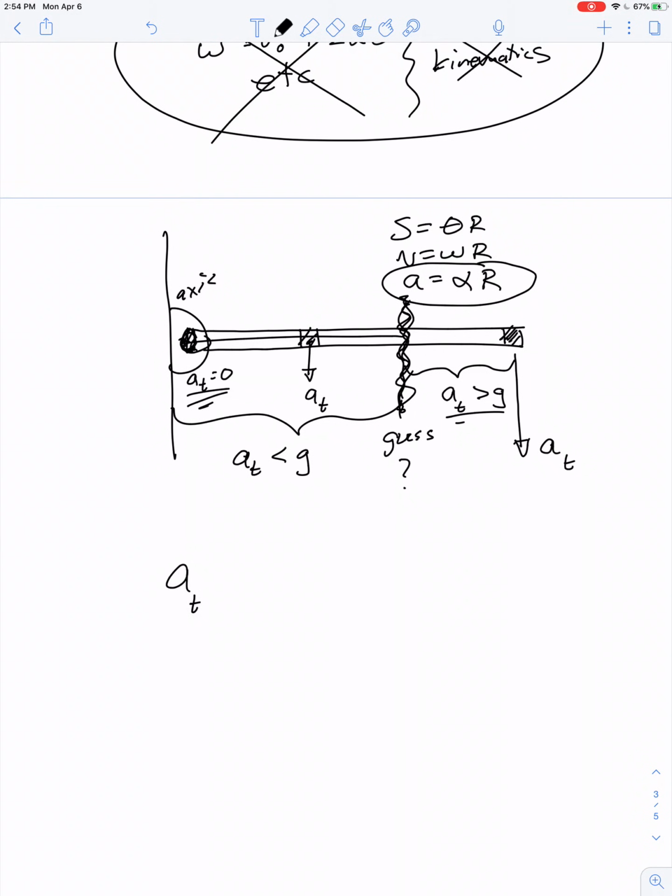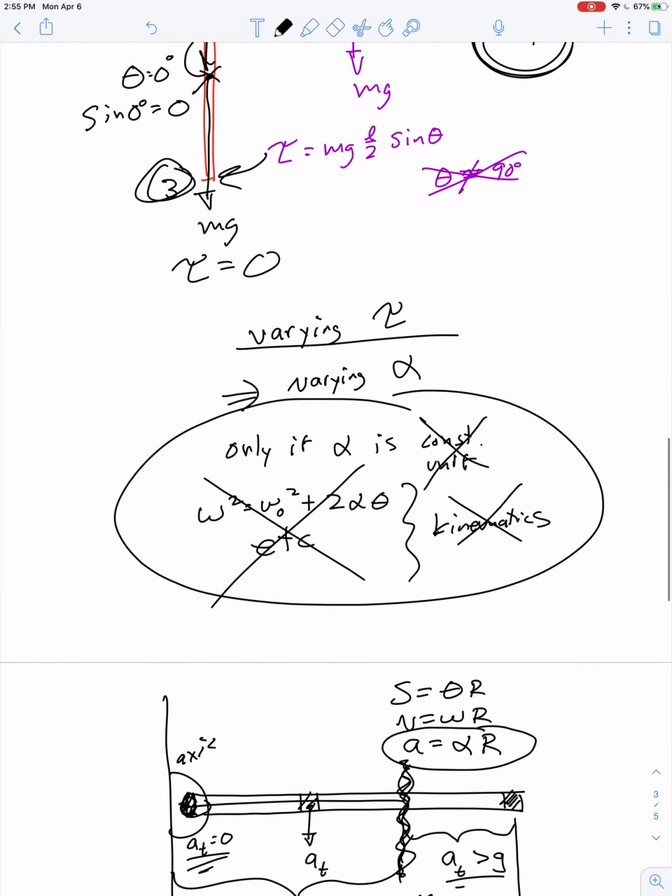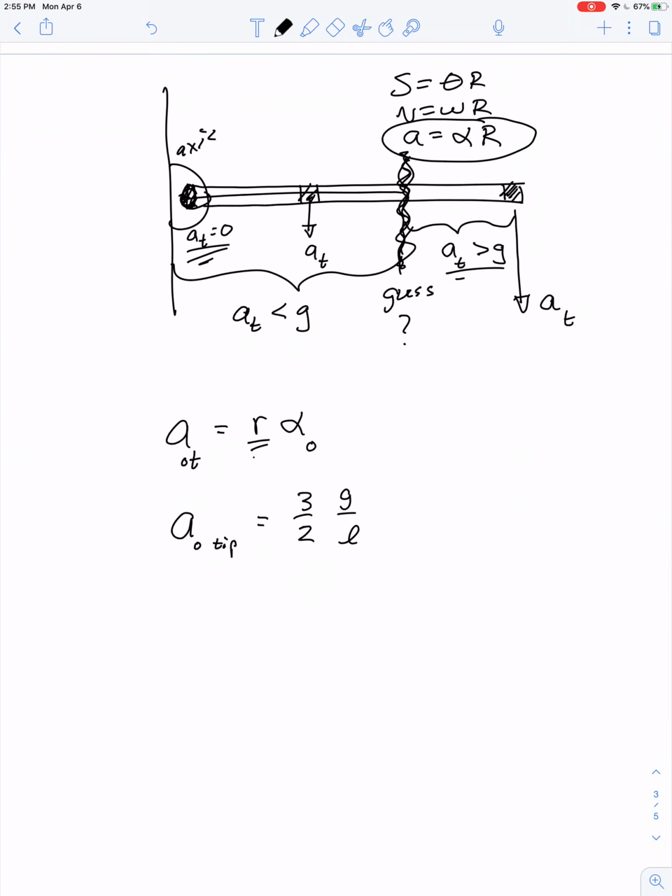So the tangential acceleration initially should be equal to the associated lever arm multiplied by the initial angular acceleration. So for example, if I want the initial linear acceleration for the tip of this beam, then I need to multiply that 3/2 g over L result that we got for alpha times the distance from the axis of rotation to the tip.